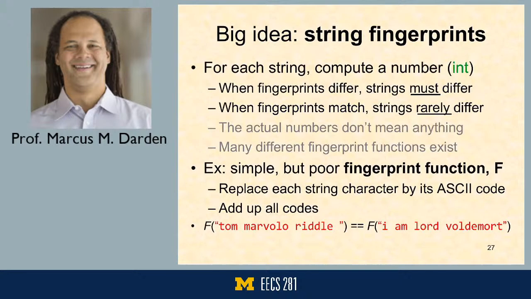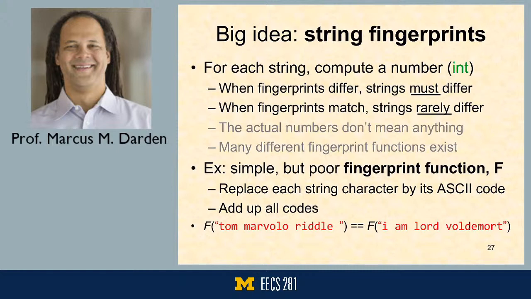The idea we're going to use here is called a string fingerprint. And this gets us into our hashing. I said we're going to touch on hashing with strings. So string fingerprinting and hashing have a lot in common. So the big idea here is for each string, I'm going to compute some number. There you go. That's hashing. I'm going to take the string and convert it to a number.